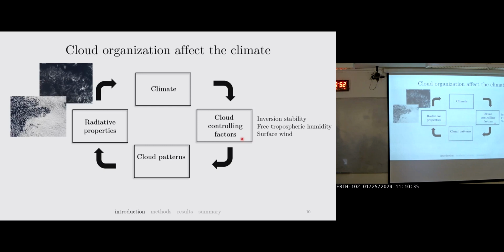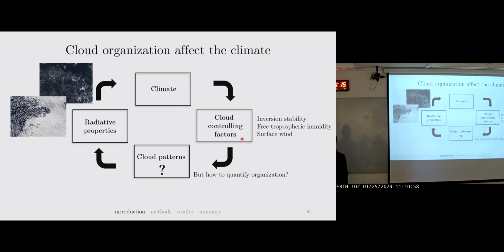But we have several problems with this feedback loop. The first one is that we don't really have a good and robust way to quantify cloud patterns. In the community dealing with this type of problem, we have more than 20 different metrics to evaluate the level of order in the cloud field.